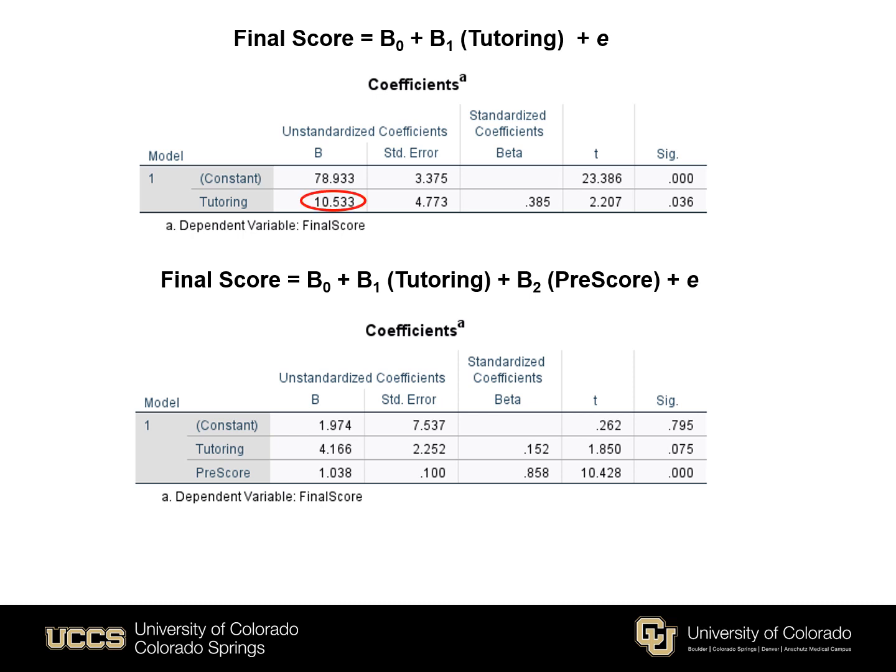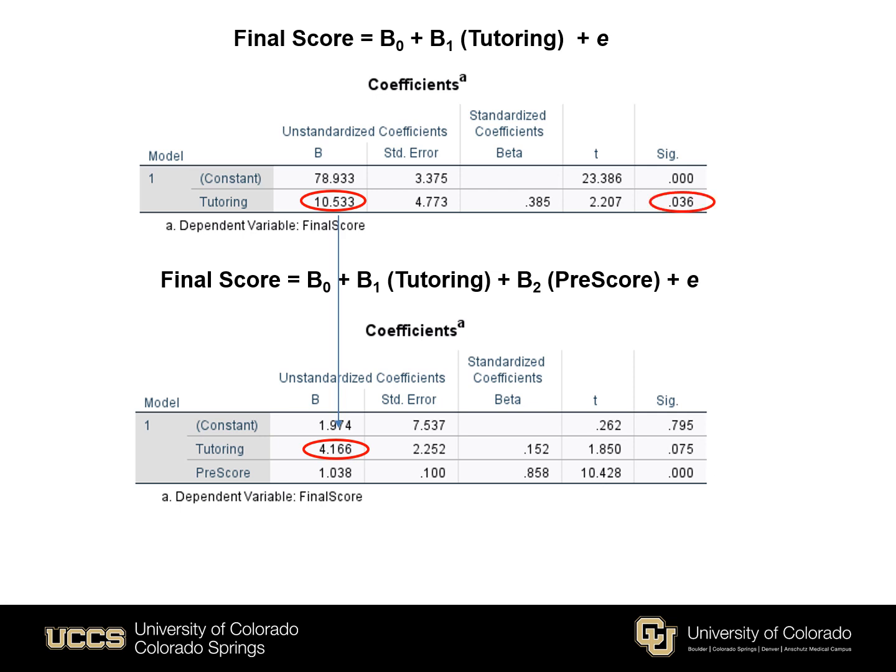So for example, in the simple model, we estimated the difference in mean final score between the tutoring group and the non-tutoring group to be 10.5 points. Whereas once that effect had been controlled for baseline differences in pre-score, the new estimate is down to 4.16 points. That alone may change our assessment of how effective the tutoring was.